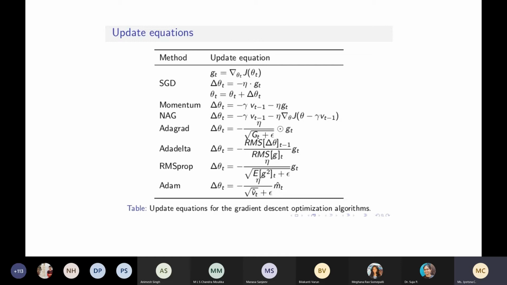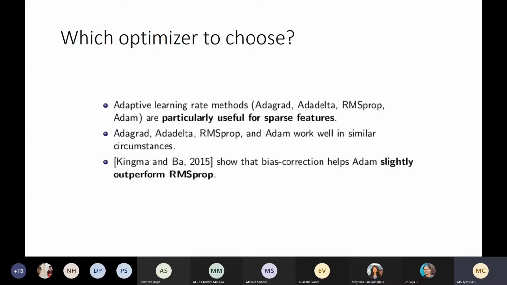For some applications momentum will suit, for some applications RMS prop will suit. So you need to experiment and learn. It varies based on which application you select and what kind of data you have. You observed the formulas: in momentum, it considered the previous gradients by just finding the average, so at each step it considered the gradient.